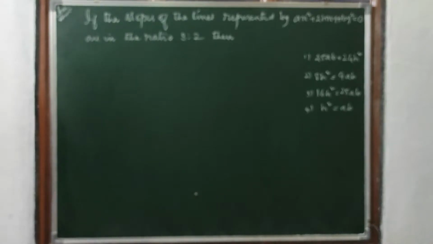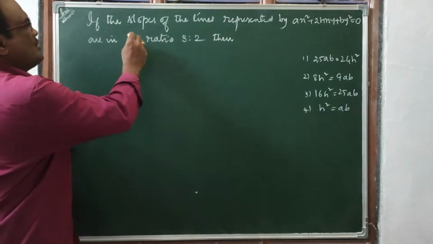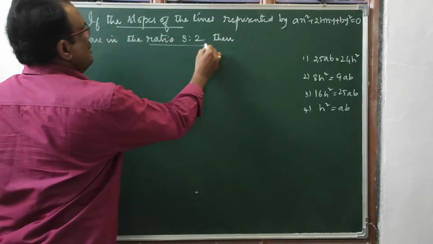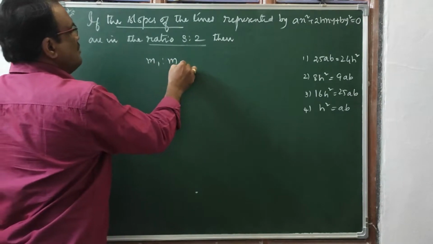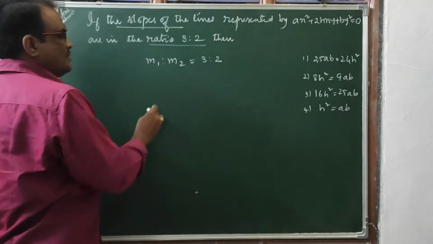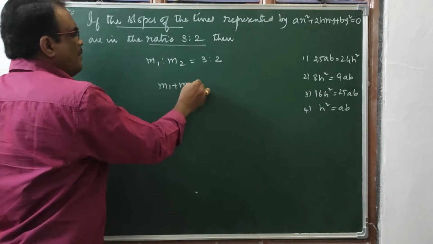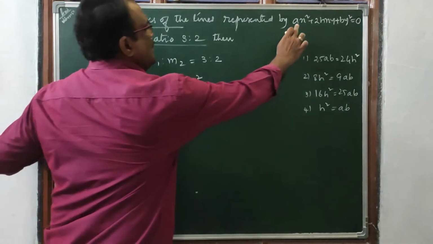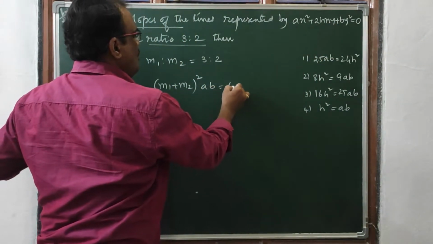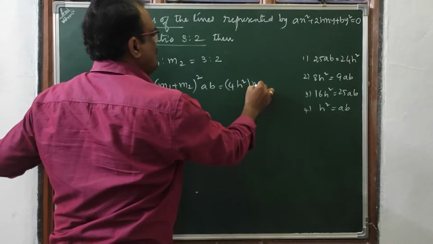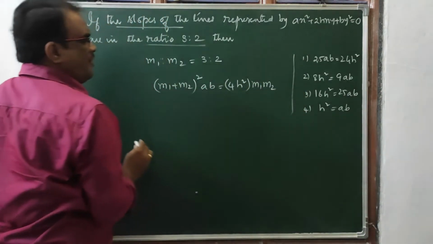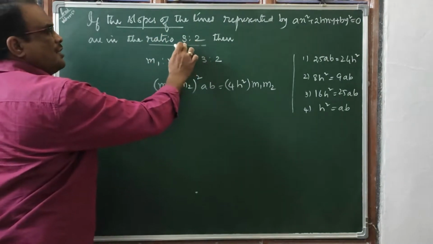If the slopes of the lines represented by ax² + 2hxy + by² = 0 are in the ratio 3:2, then what are the conditions? If the slopes are in the ratio 3:2, that is m1:m2 = 3:2, then our formula is (m1 + m2)²ab = 4h²m1m2.